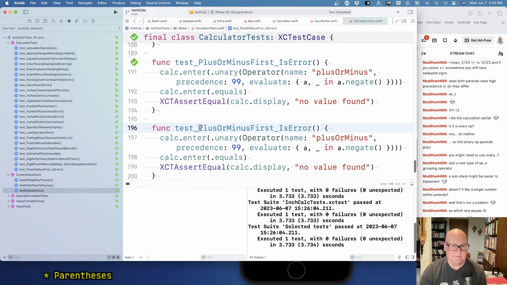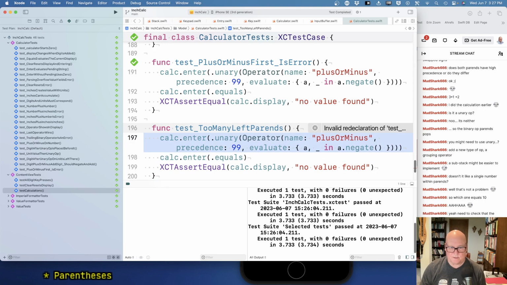All right. One error is too many left parens. Okay, we'll just take the simplest one.